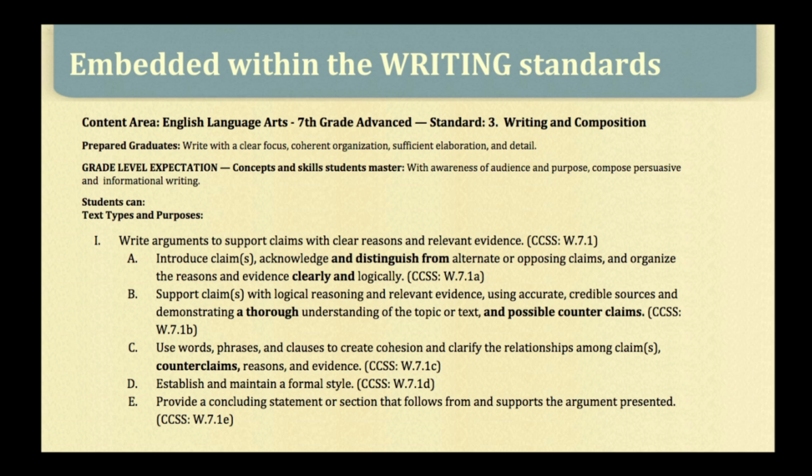What you see in bold is what we expect as extended learning for students with strong language arts skills. Same document, same grade level expectations, same prepared graduate expectation, same key ideas, yet we go a little deeper, extend the learning for students that are coming to us with strong language arts skills.